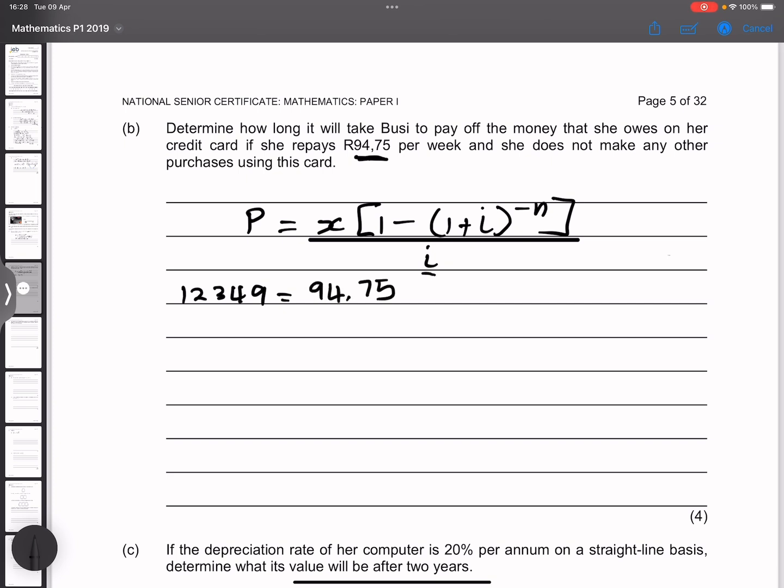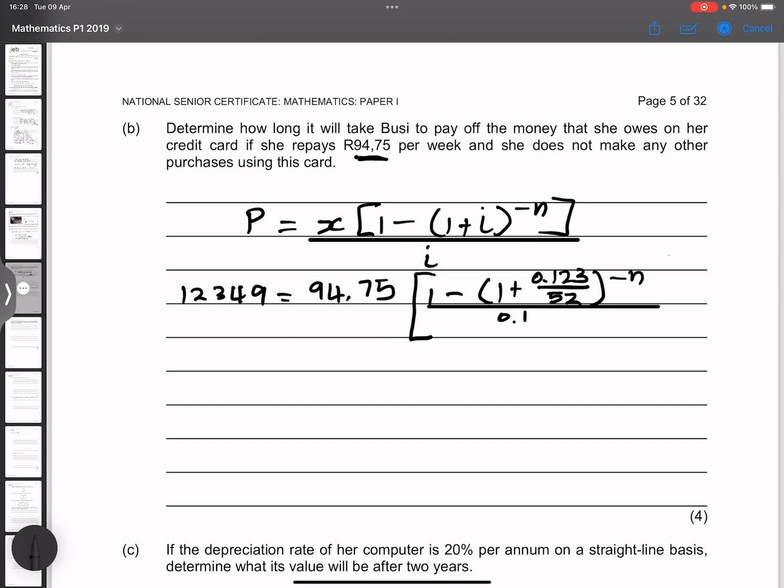Please be very careful when you substitute here. This is 1 plus, now note i is 0.123, but this is over 52, right? And we want to know the number of months. Remember that our n in this case will represent months.